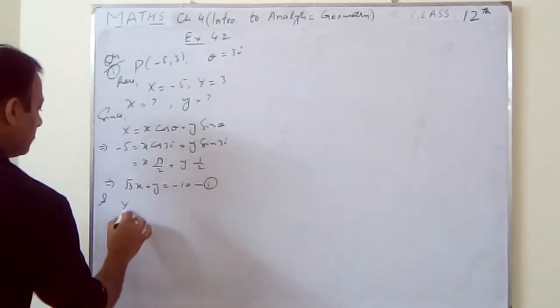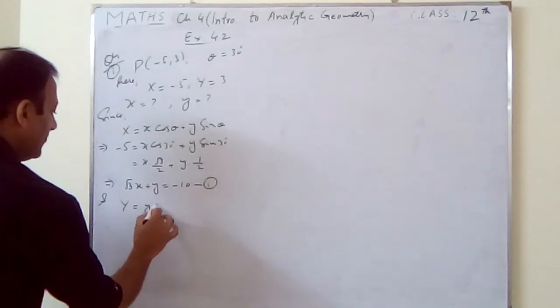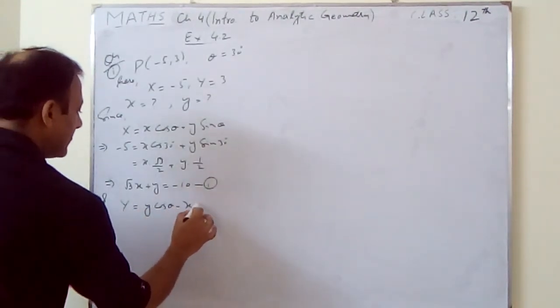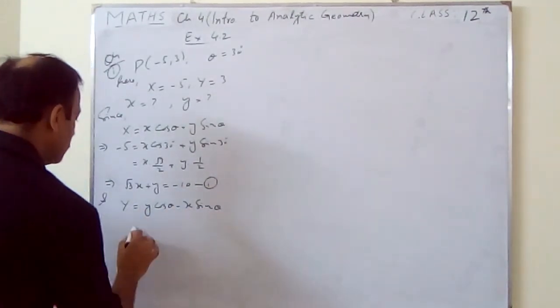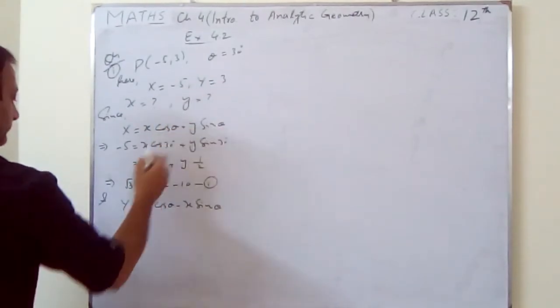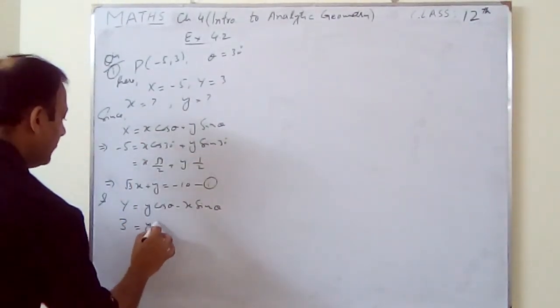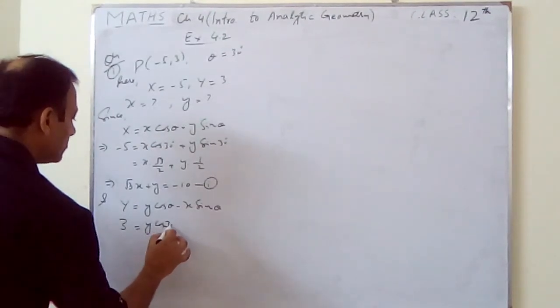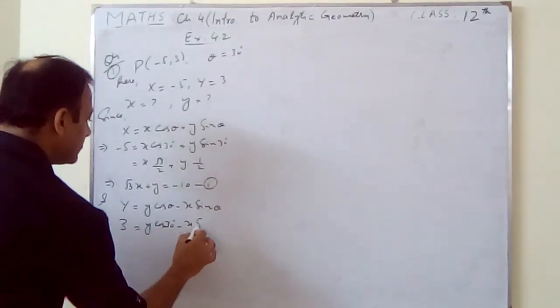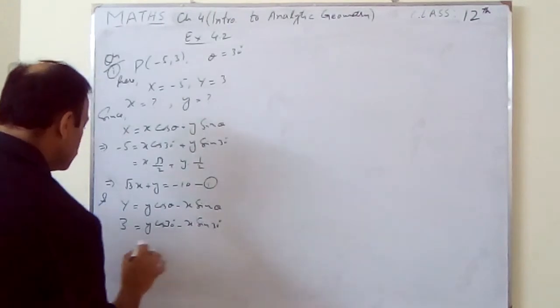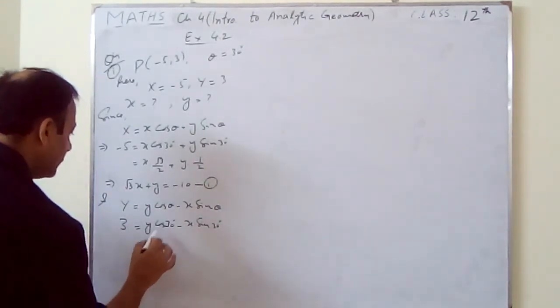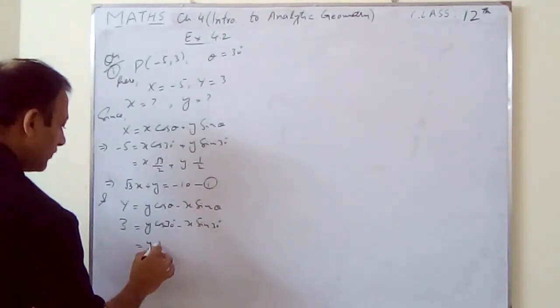And capital Y is equal to y cos theta minus x sin theta. So capital Y is 3, y cos 30 minus x sin 30. So y cos 30 is square root of 3 by 2.